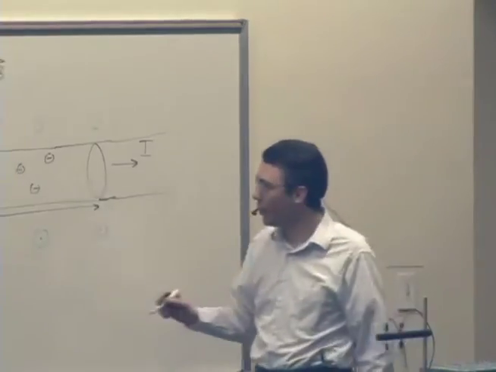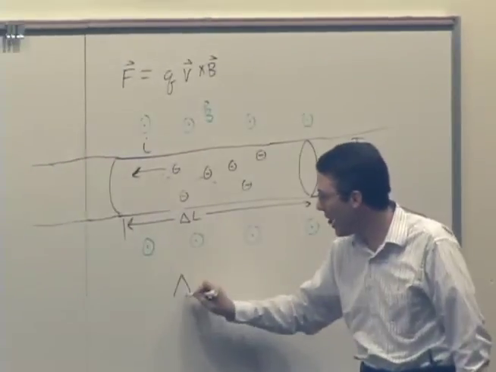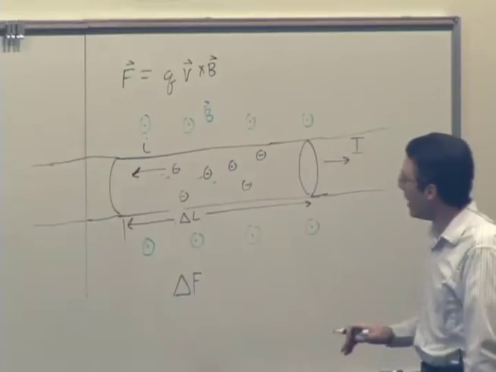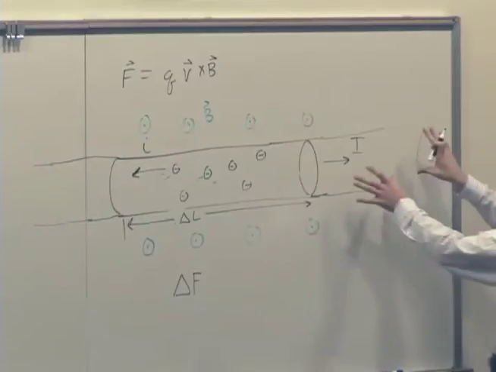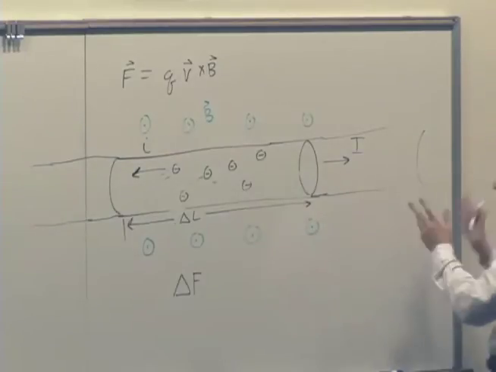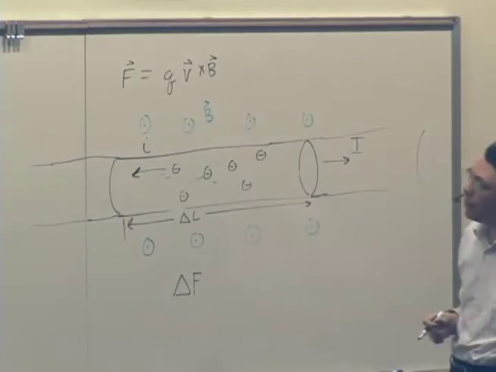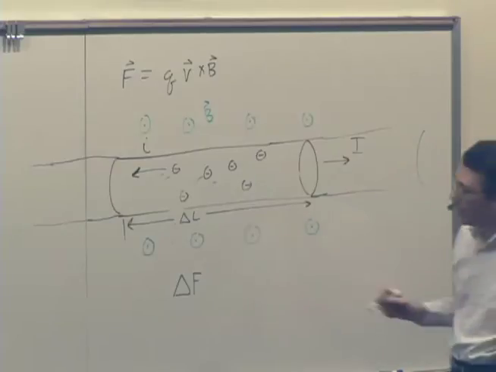I'll call the force delta F, to indicate that this is the force on just this piece delta L. There would be a force on this piece and a force on this piece and so on. If I wanted to find the total force, I'd have to add them all up.